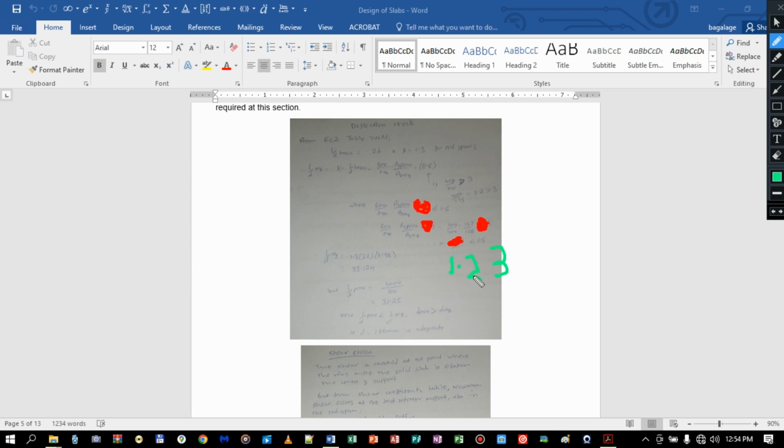So we are going to multiply that factor with the basic ratio, and the other factor is due to the fact that we designed for a T section at mid span, which is where we check our deflection.